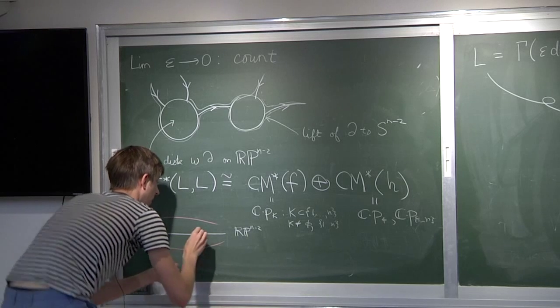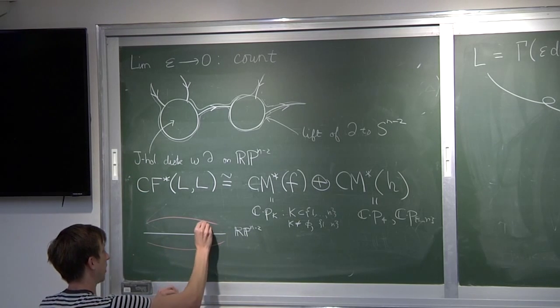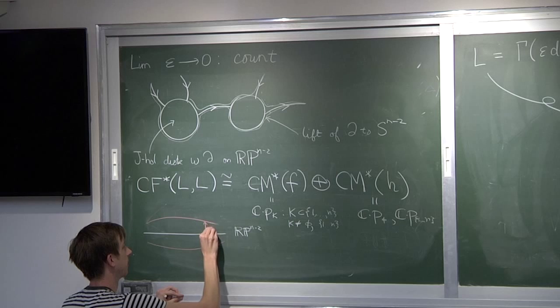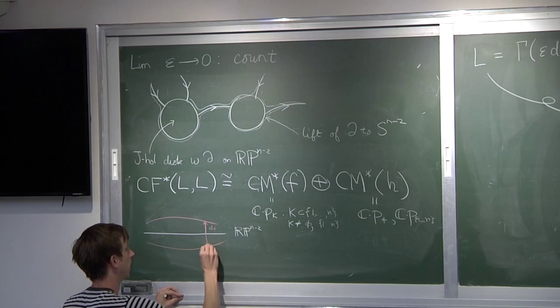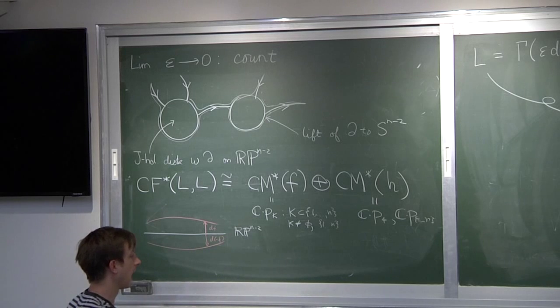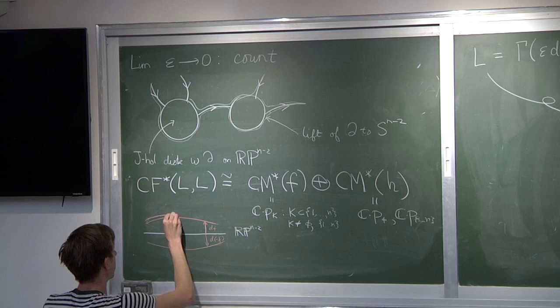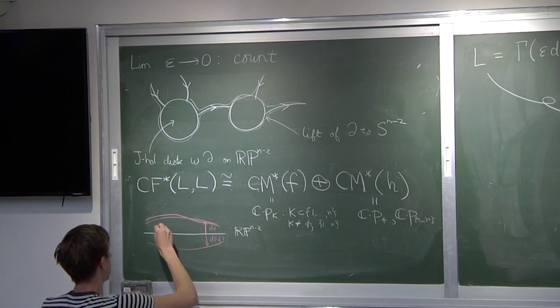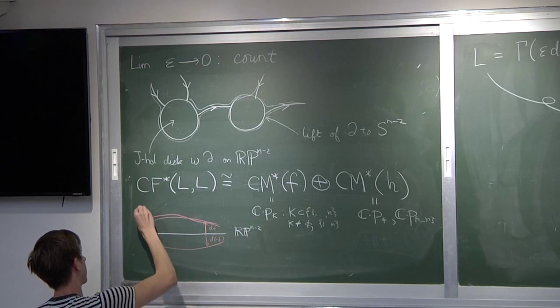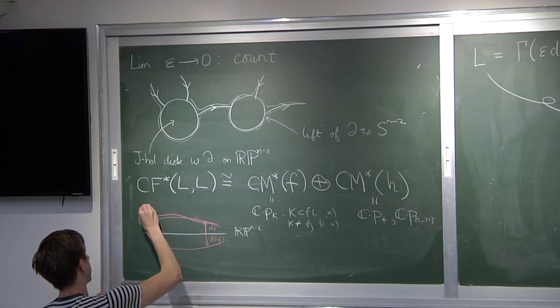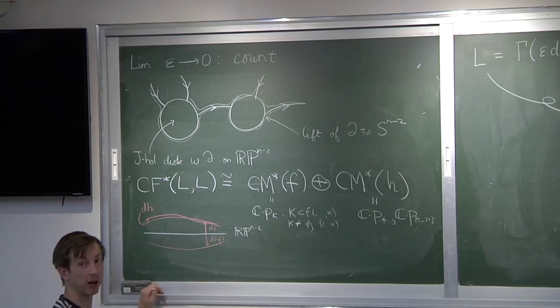Here's your Lagrangian, which is the graph of df. And then here is your push-off of the Lagrangian. This is a push-off by dh.